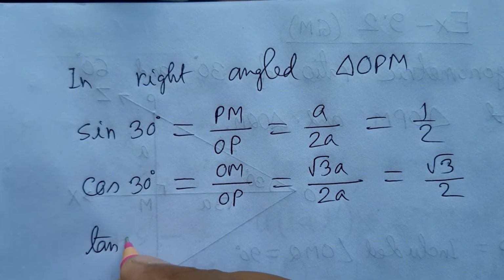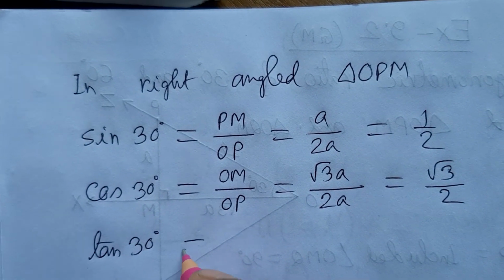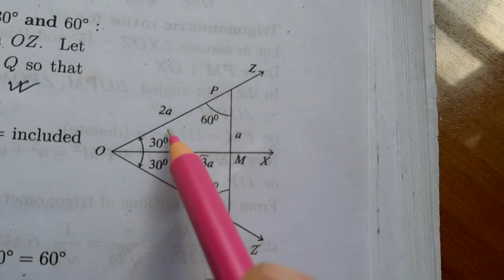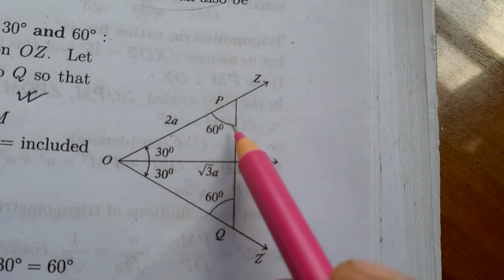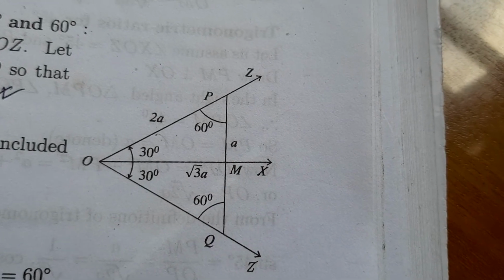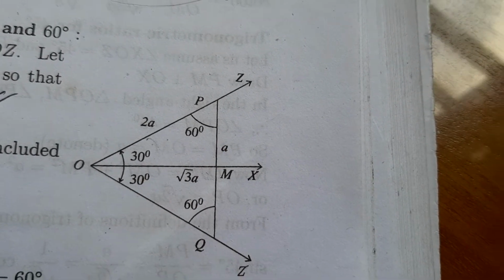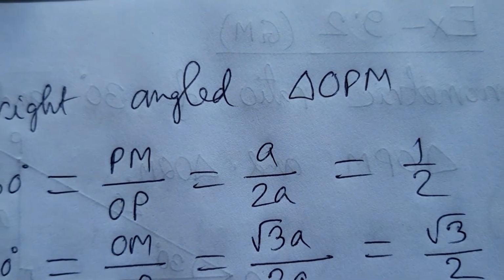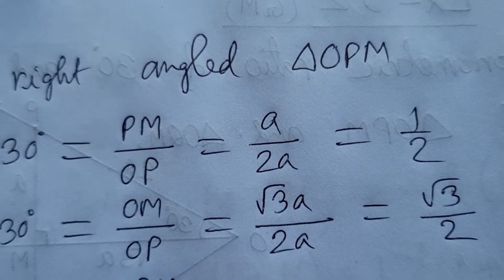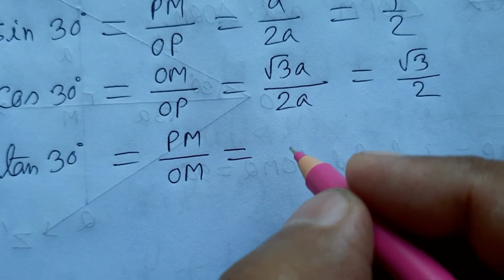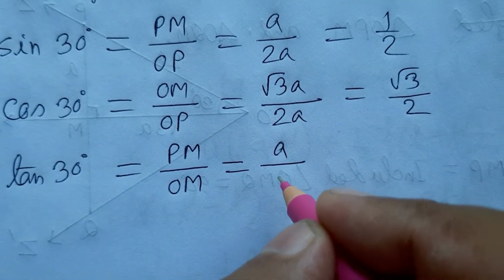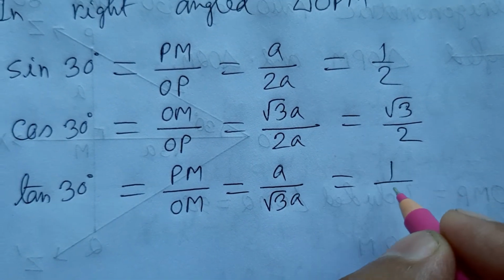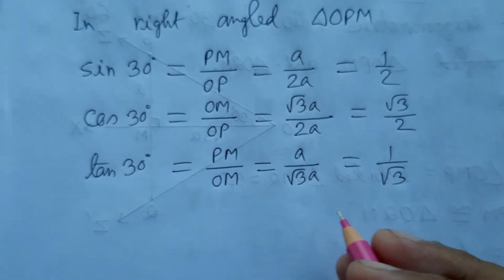Therefore tan 30 is equal to perpendicular by base, so PM divided by base OM. So tan 30 is equal to PM, that is A, divided by OM, that is root 3A. A cancelled, finally we get 1 by root 3.